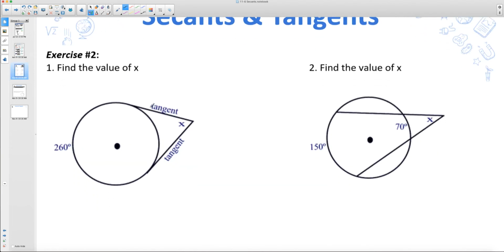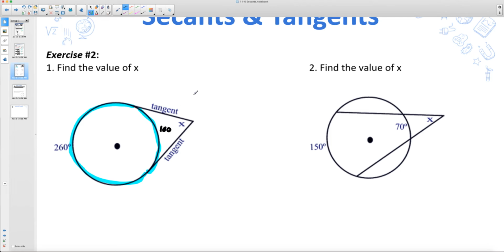Okay, so we'll go ahead and find the value of x for each of these. So now we have 2 tangents. The 2 tangents intercept this arc, which is 260 degrees, and this arc. Well, the whole circle makes up 360 degrees, so you need to know that this arc right here would need to be 100.